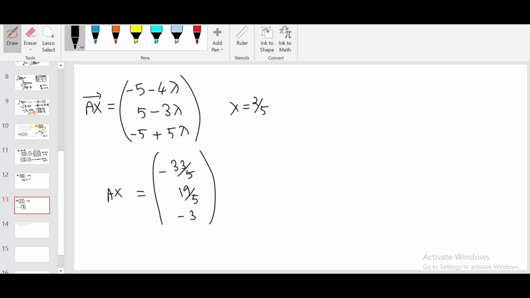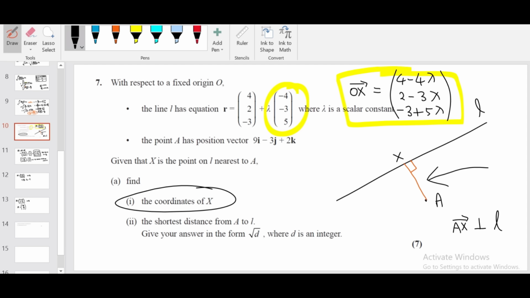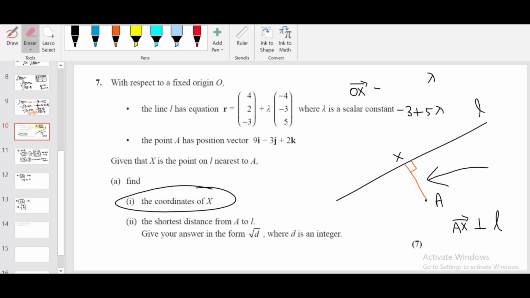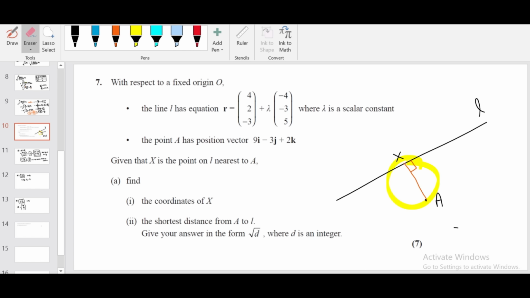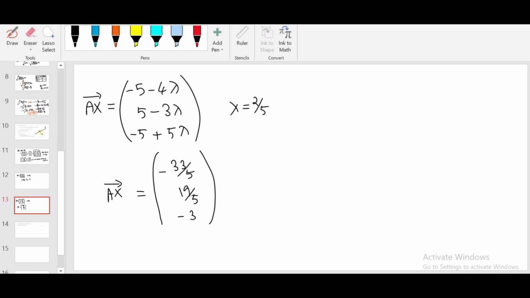That's the AX vector. So we need to find the shortest distance from A to the line, which is the length of AX. To find that, you need to find the modulus of the AX vector.